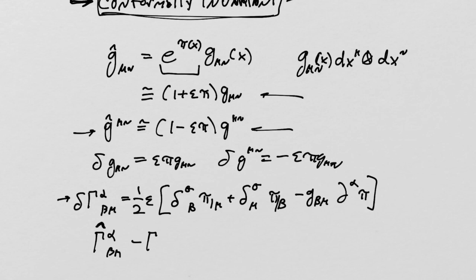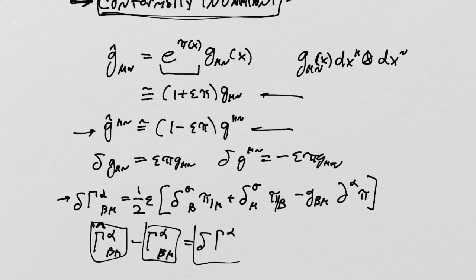I'm sorry, we subtracted from the transformed connection the untransformed connection to get the variation in the connection, which is what this expression was.